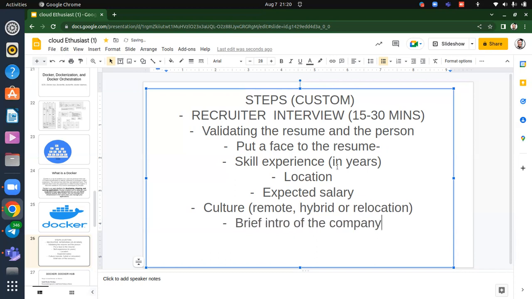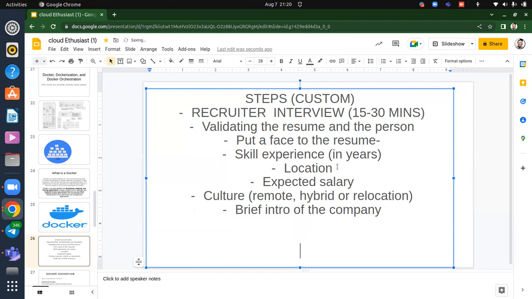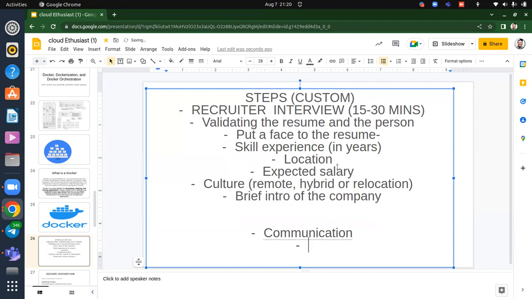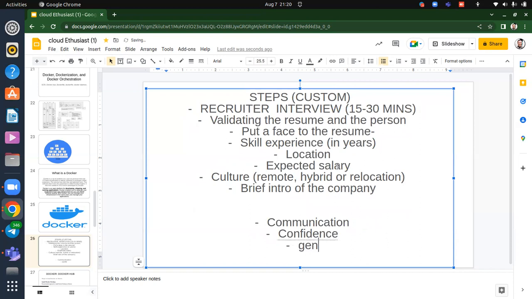So what are they looking at in this step of interview? One, they're looking at your communication, confidence, genuineness, and enthusiasm.